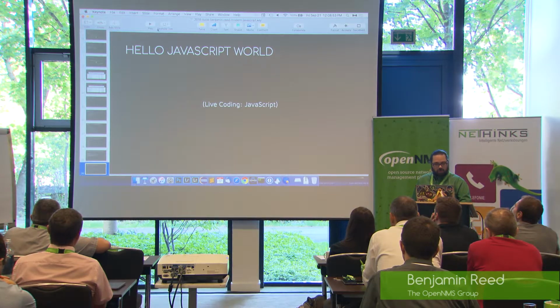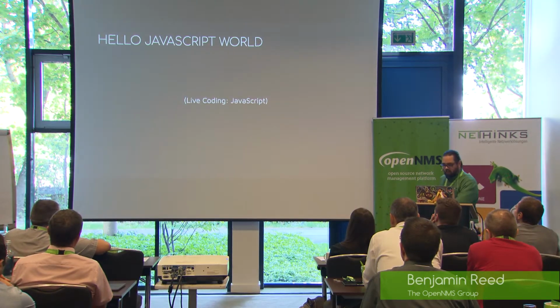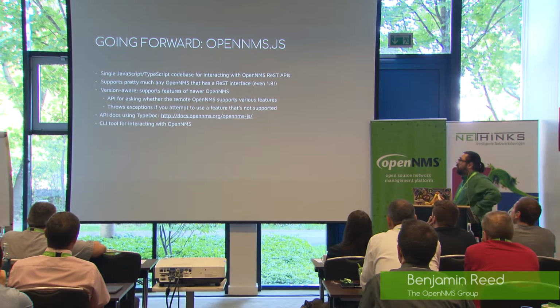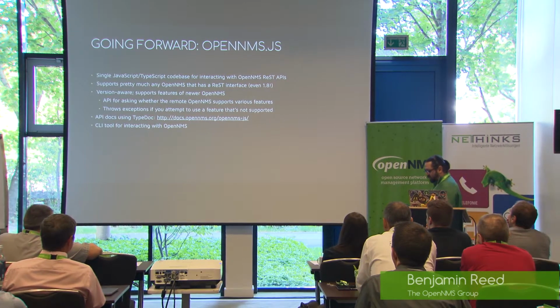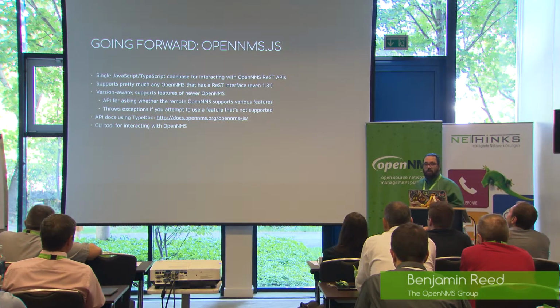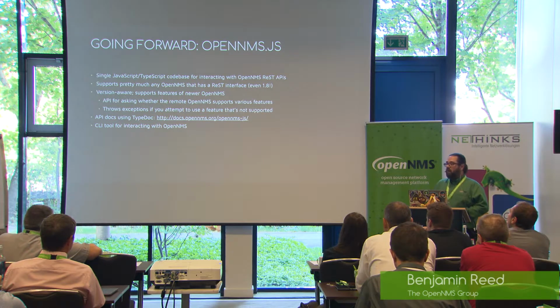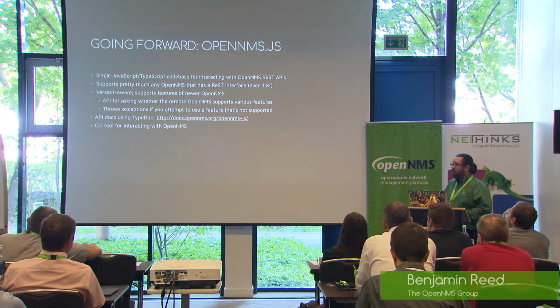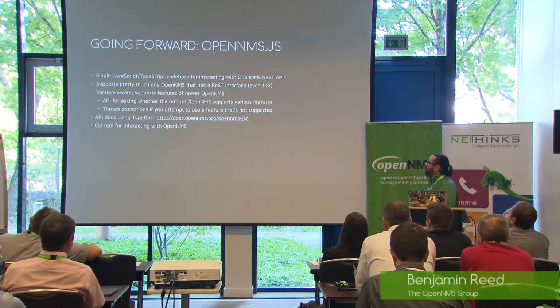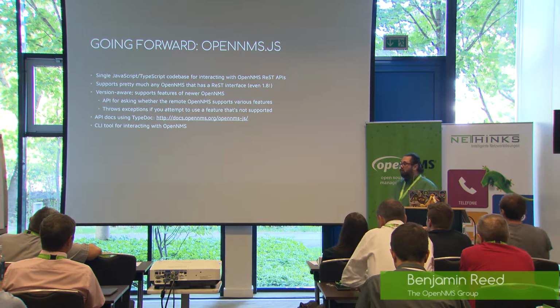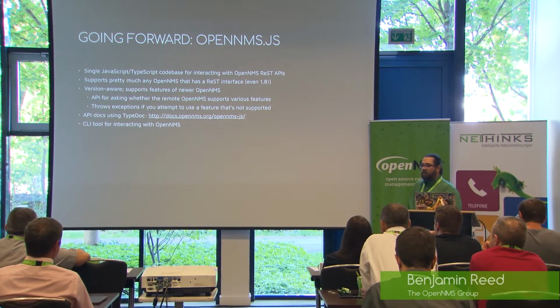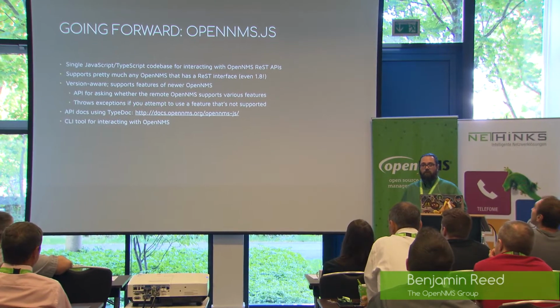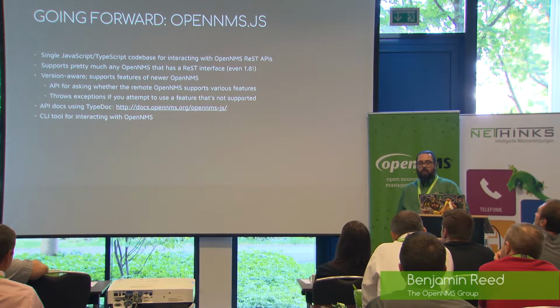So let's go back to this. Going forward, another aspect of using JavaScript and OpenNMS is we have a separate project called OpenNMS.js. It is a single JavaScript, mostly TypeScript code base that is designed for interacting with OpenNMS's REST APIs.